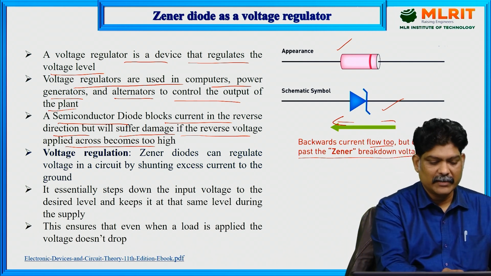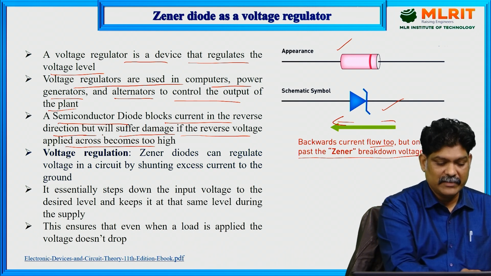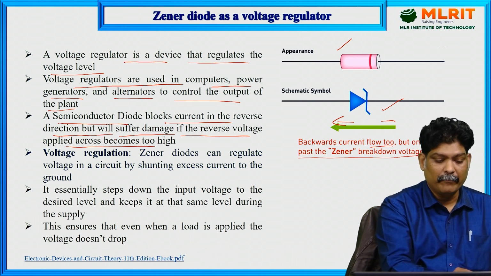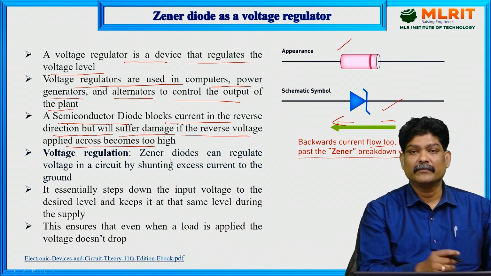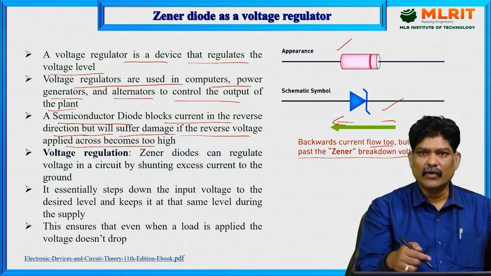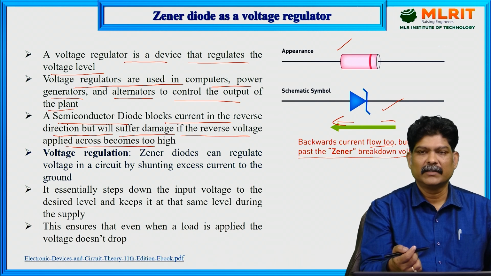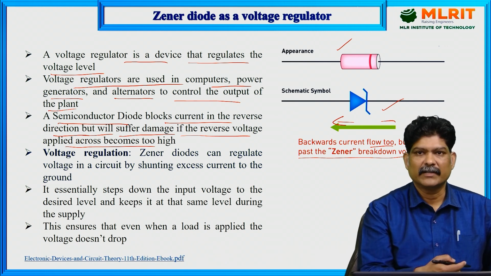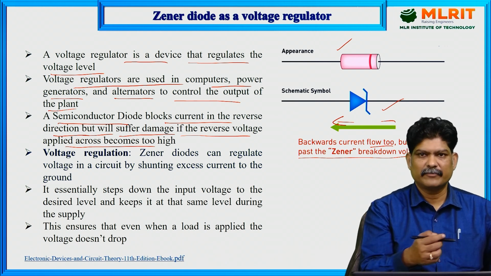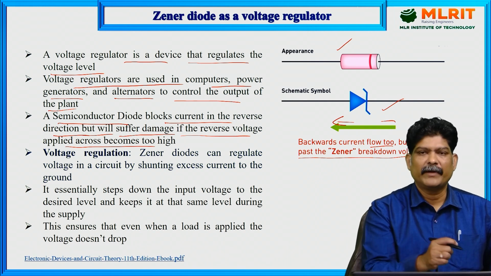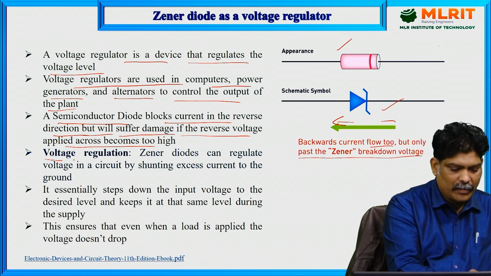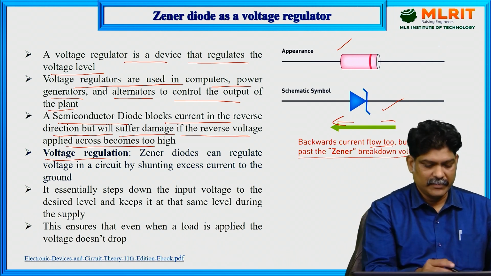If you apply more reverse bias voltage, then obviously a normal PN junction diode gets damaged, whereas Zener diodes are specially designed to operate in reverse bias condition. So how does it act as a voltage regulator?